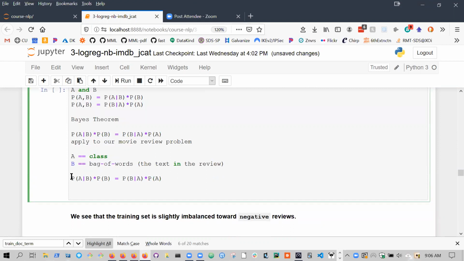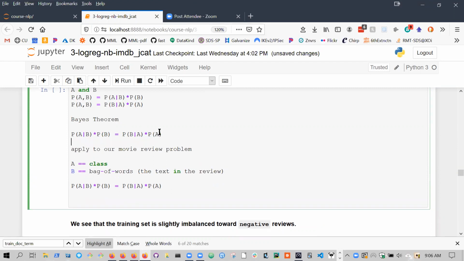Okay, so that's the statement of Bayes' theorem. Now I want to apply it to our movie review problem, so I'm just going to make a straight substitution. Everywhere I see an A, I'm going to put class, and everywhere I see B, I'm going to put tokens.